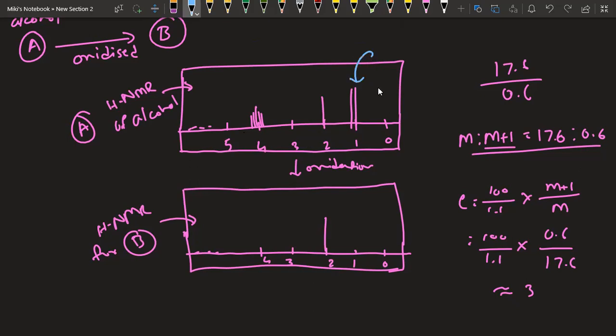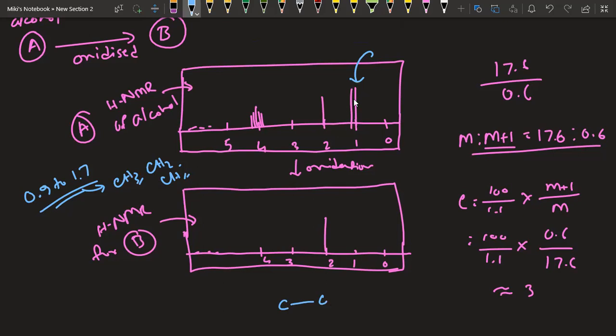For this one, this is in the region of 1. We know from the data booklet, from 0.9 to 1.7 most probably. So in that region, we have either a CH3, CH2, or CH group. Now if we consider this group, the adjacent carbon is going to have how many hydrogen atoms?